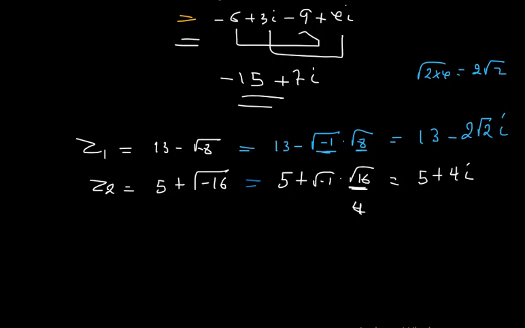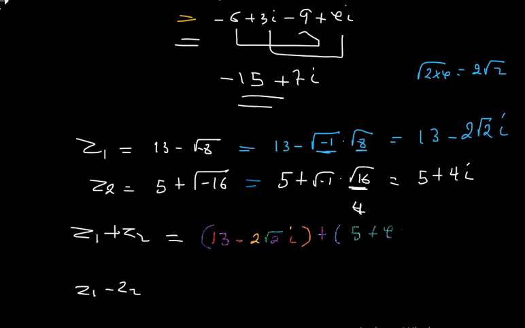Okay, so I want you now to find the sum and the difference, z1 plus z2 and z1 minus z2. All right, so just directly solve this problem. You have 13 minus 2 root 2 i, plus 5 plus 4i.